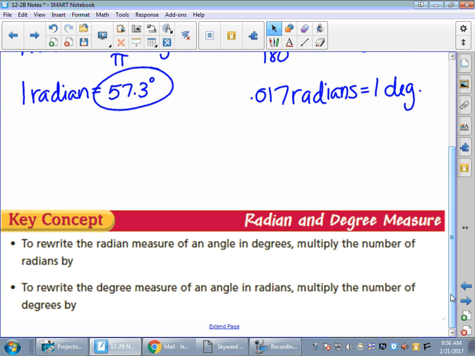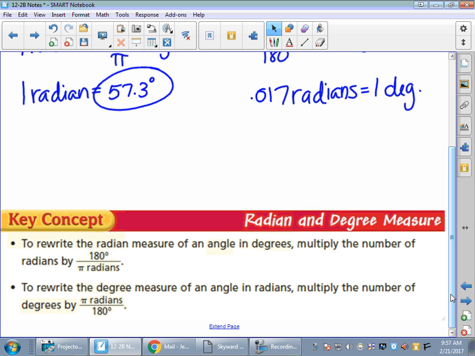So all of that work you'll never have to show, but it shows where these formulas come up when we have to convert. When we convert from one form to the other, we're either going to multiply by 180 degrees divided by pi radians, or multiply by pi radians divided by 180 degrees.